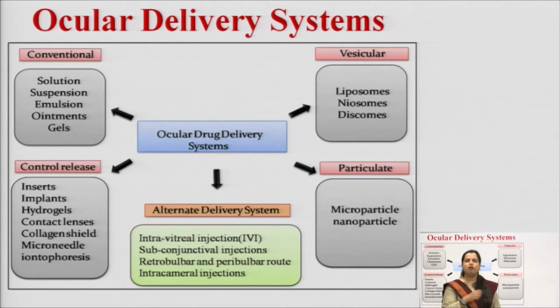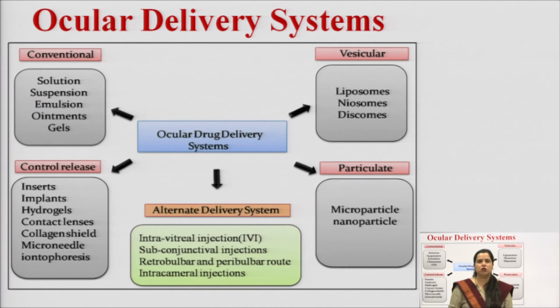So, we will have a discussion about all the preparations for the ocular drug delivery system. First, we will discuss the conventional ones. Conventional dosage forms contain solution, suspension, emulsion, ointments and gels.